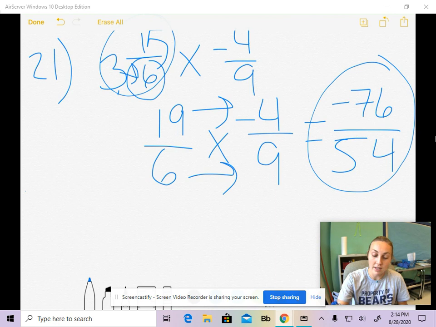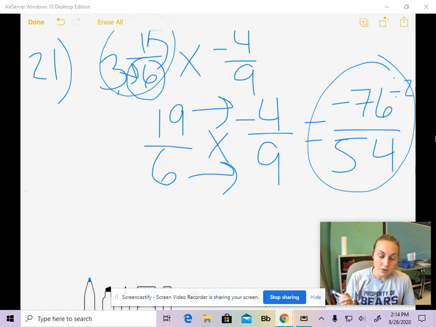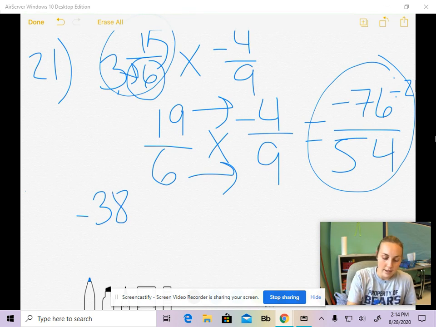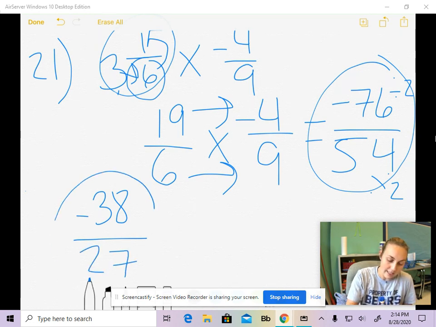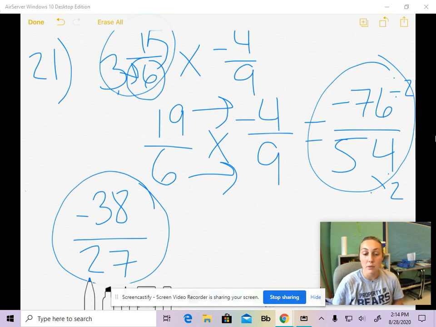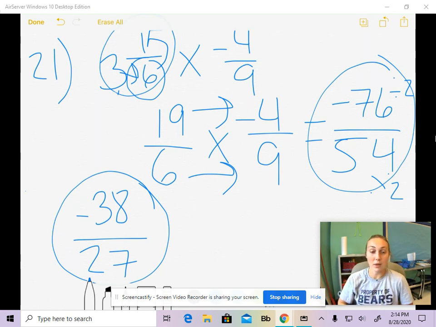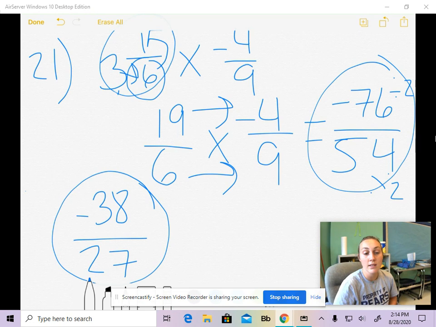So let's divide the numerator and the denominator by 2. -76 divided by 2, I'm going to write this down real quick, is going to be -38, okay? And then 54 divided by 2 is going to be 27. And that, ladies and gentlemen, is going to be our answer. When we are multiplying, all we have to do is multiply across, and then we have to reduce to get the lowest fraction that we can get. So the answer to number 21 is -38 over 27.